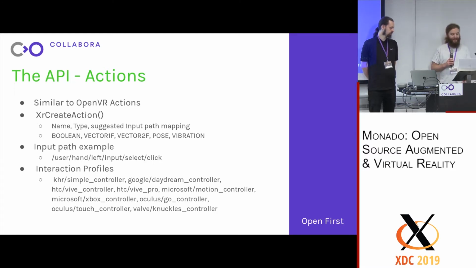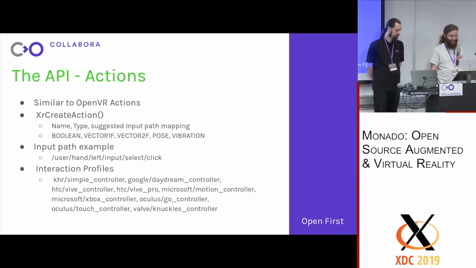These actions are connected to input paths. Here is an example. The OpenXR specification specifies how these input paths should look, and it also specifies a bunch of standard paths that are connected to interaction profiles.